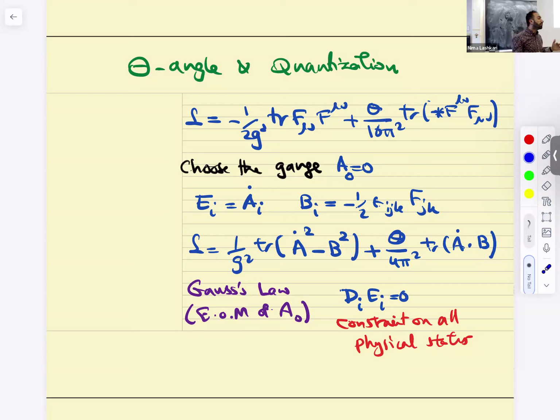Another thing that we often do is, well, let me just say it. By splitting space-time into time and three-dimensional space, I'm going to the Hamiltonian formulation. Now my Hamiltonian and my charges are integrals over a three-dimensional surface.